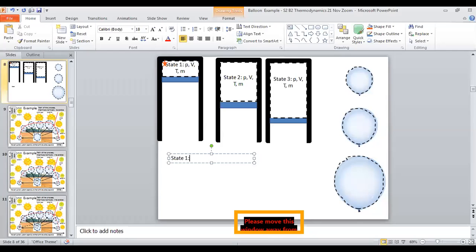State 1, pressure rises because of the spark or fire or firing of the fuel. Okay, firing of the fuel.